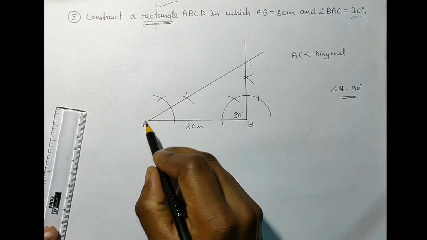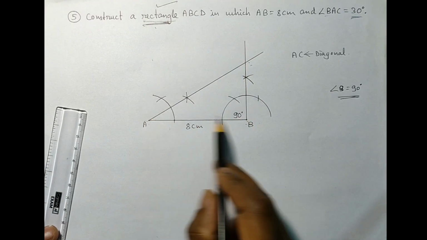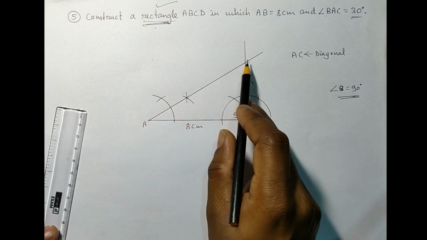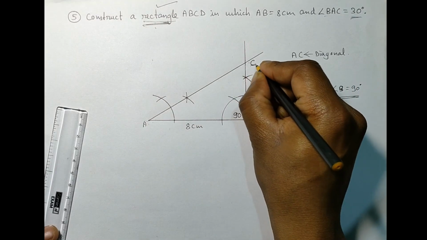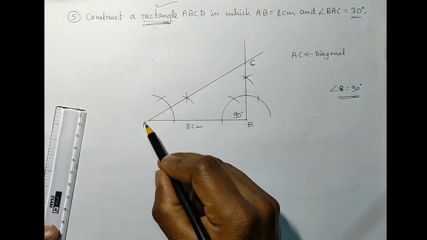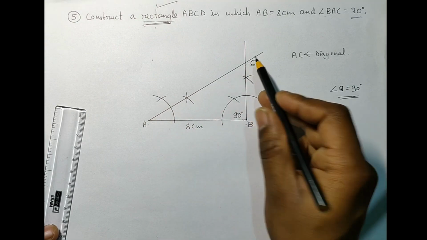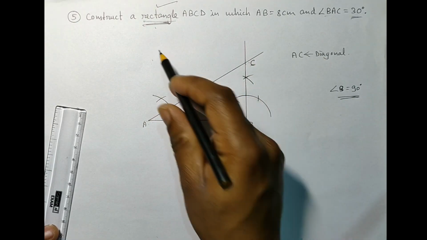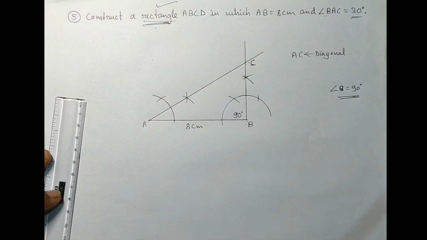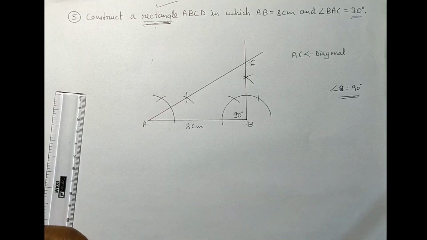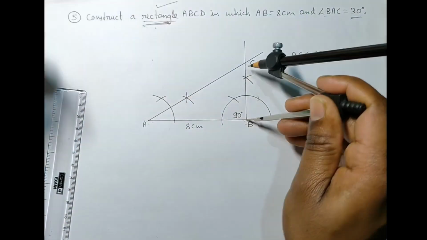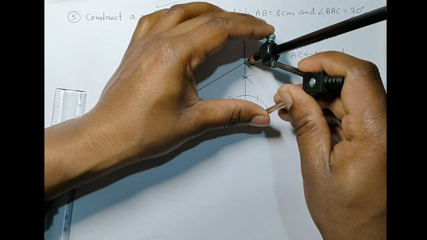So as we know, this is a rectangle, so AD will also be 90 degrees and AB will be equal to CD. Now AC is the diagonal and BD diagonal will also be the same. So let's use our compass and take the radius of BC.